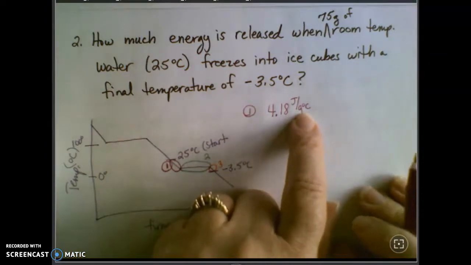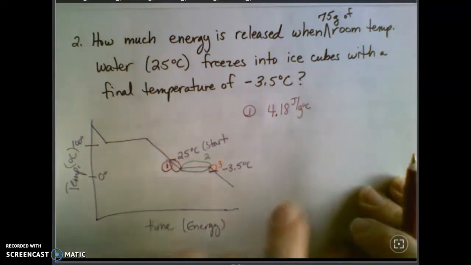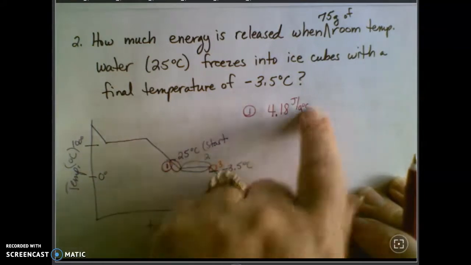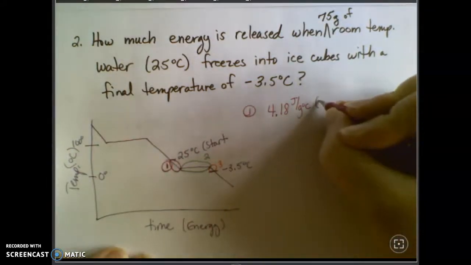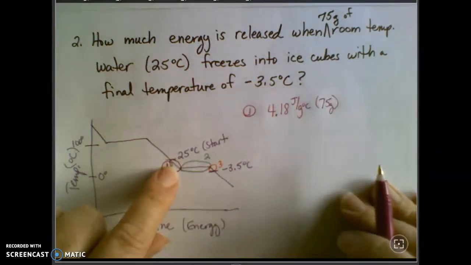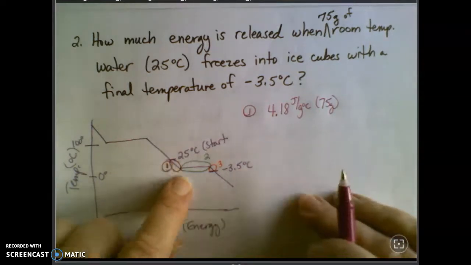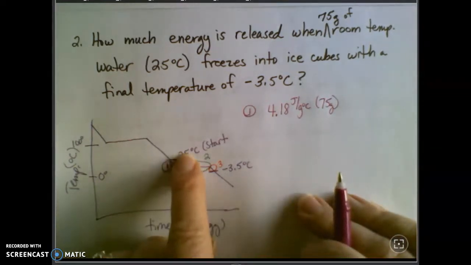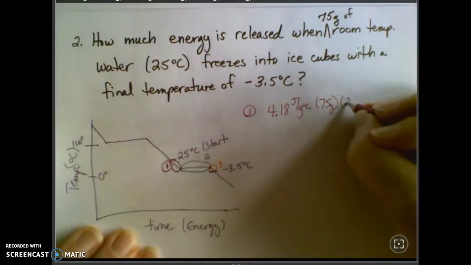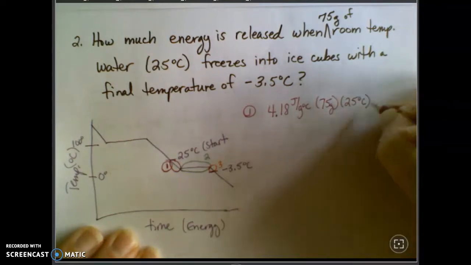And this denominator tells me exactly what I need to find to multiply by. I'm going to multiply this by the number of grams I have, which is 75, and by the amount that the temperature changed. So for this part of the graph only, I'm not going all the way to the end, I'm just going to right here. I went from 25 degrees Celsius to 0. So that's a 25 degree temperature change.